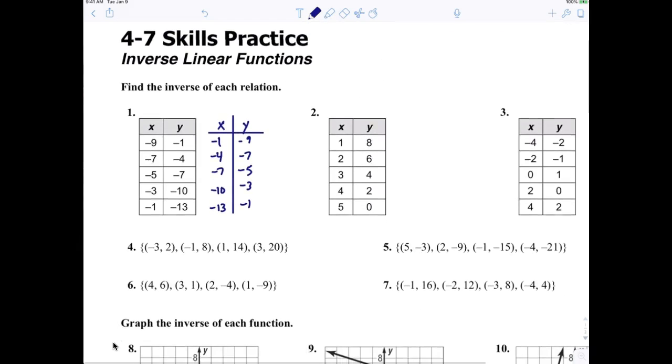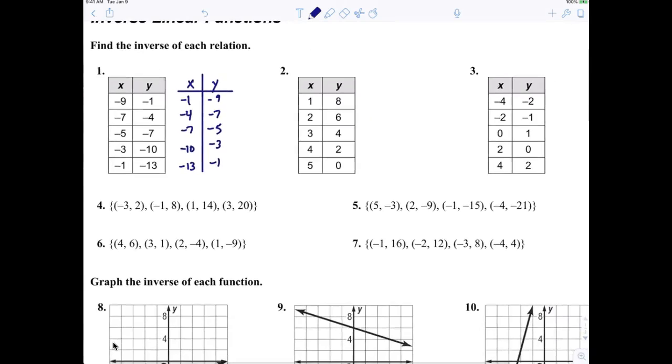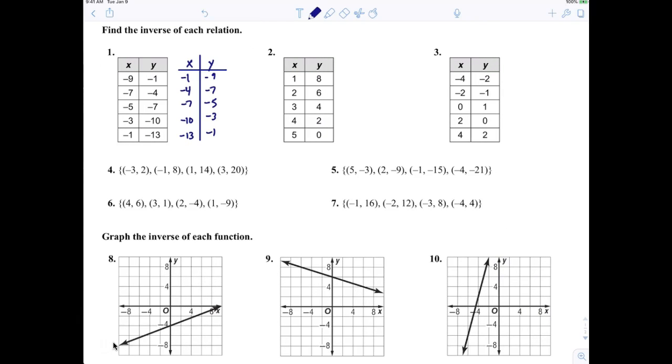All right, so I'm double checking. I want everybody to do 2 and 3 real quick. All right, and if you think you're good with 4, 5, and 6, go ahead and do those also.